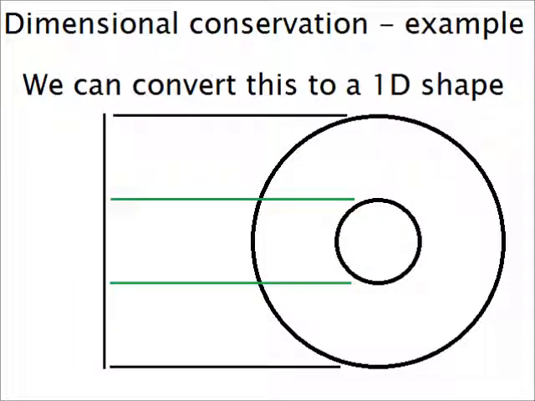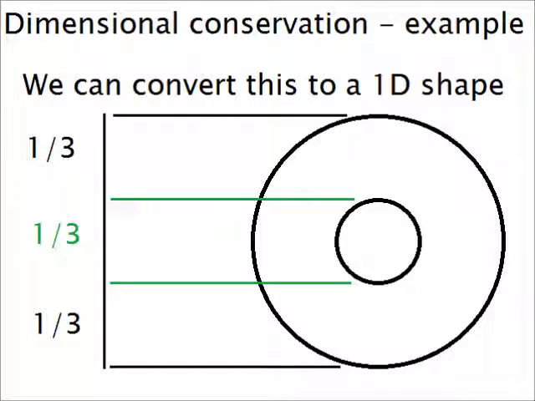So we can convert this into a 1D shape, which describes all of the relevant dimensions. Instead of saying 4 centimeters now, we just say that a third of the line is the center and there's a third on either side.